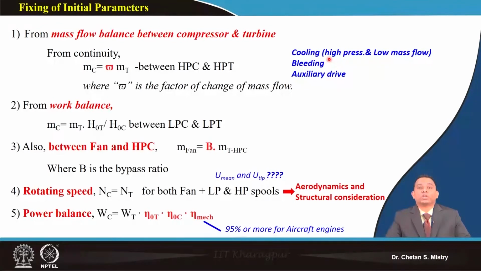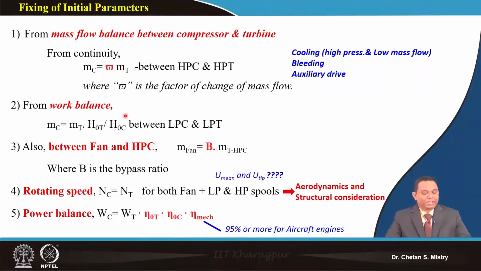So basically we use compressed air for control mechanism actuation, and we take it from the high pressure compressor. So when we do our design, we need to be very careful about what percentage of air we extract from the HP compressor, since a reduced amount will go to the HP turbine.